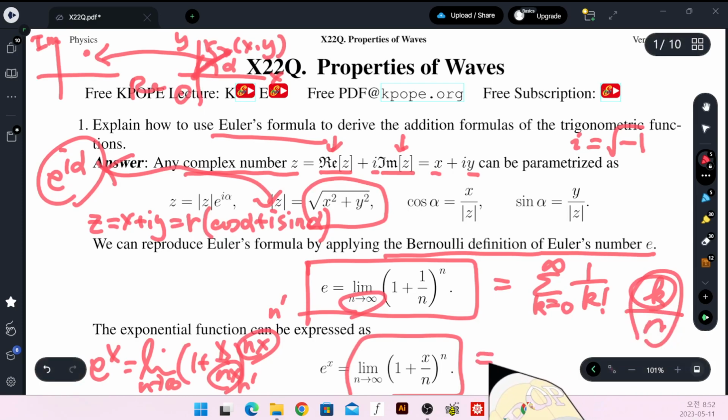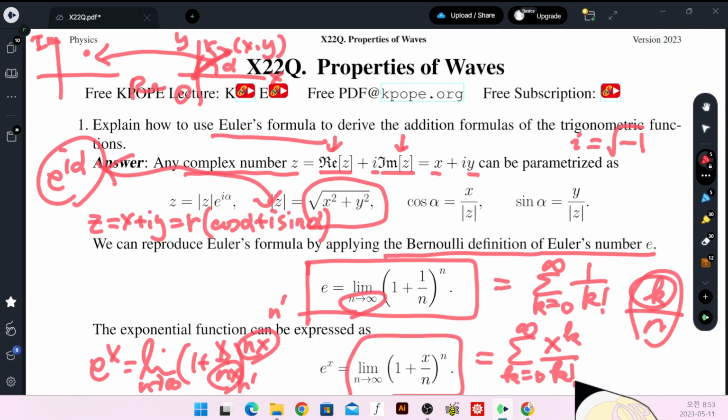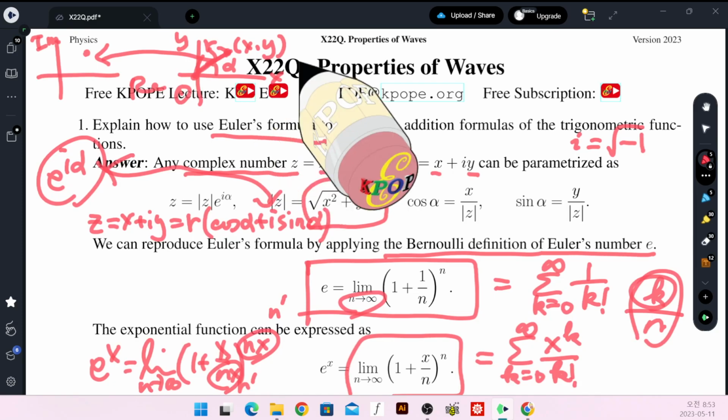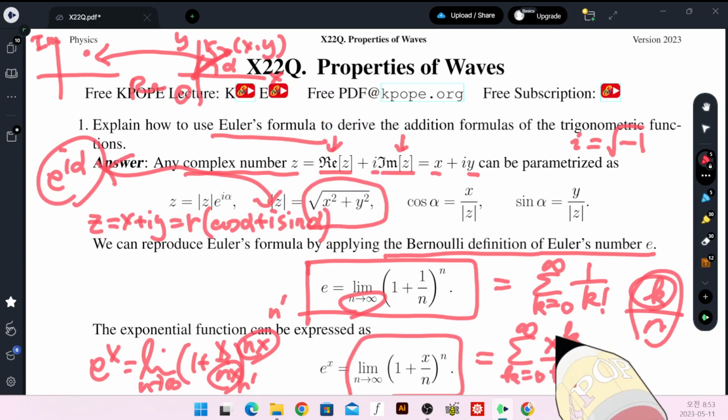Therefore, this can be expressed as a power series in x. If you refer to the previous versions with the smaller number x, you will find that this is true for any real number x.